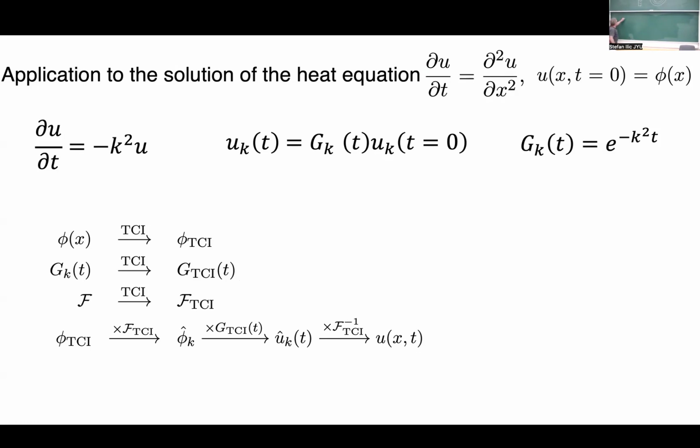The Fourier transform T_nm is just exponential minus i 2 pi n m over 2 to the n. That's the definition of the discrete Fourier transform between F_n and F tilde.